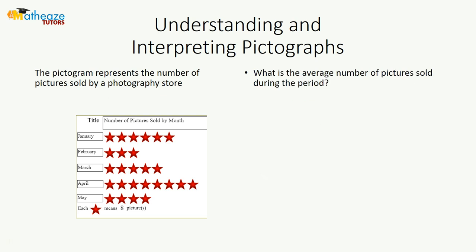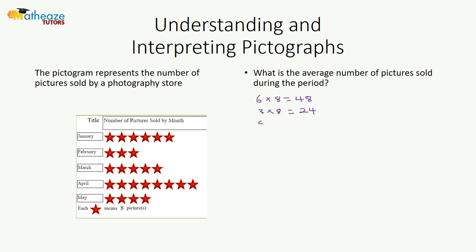And then, what is the average number of pictures sold during the period? So we're going to add up the number of pictures sold for every single month, and we divide it by 5. January we sold 6 times 8, which is 48. February we sold 3 times 8, which is 24.